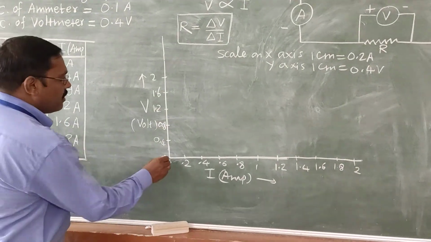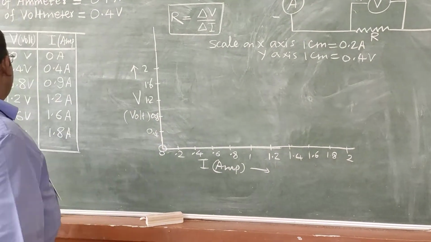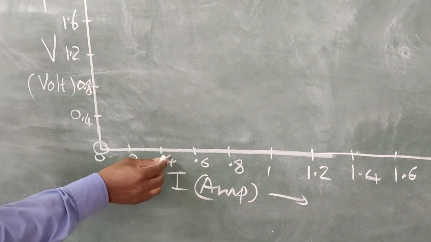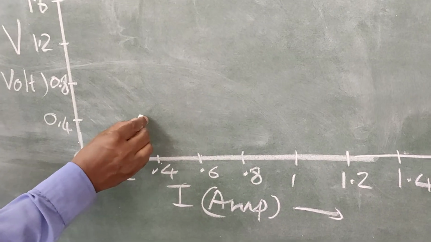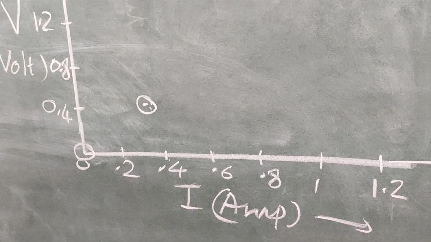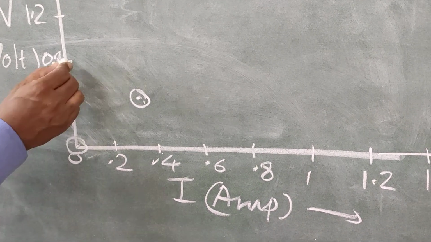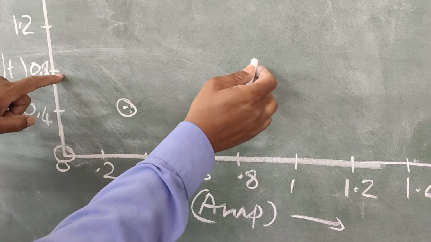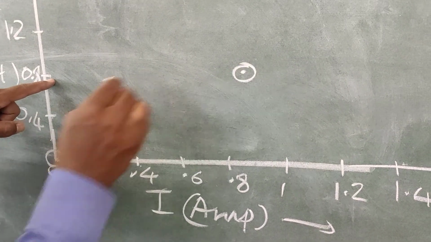So the first reading is 0, 0. Second reading, voltage is 0.4, current is also 0.4. So this 0.4, this 0.4, here you will get the point. Third reading 0.8 and 0.9, you will get this point here.